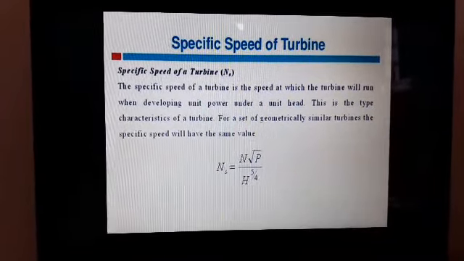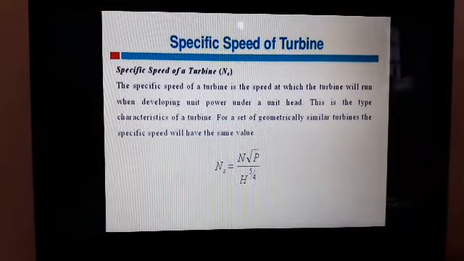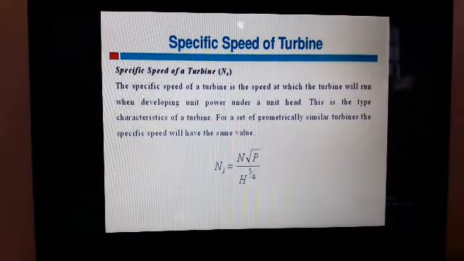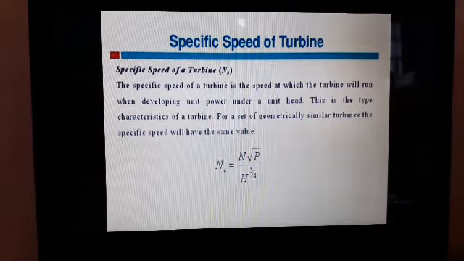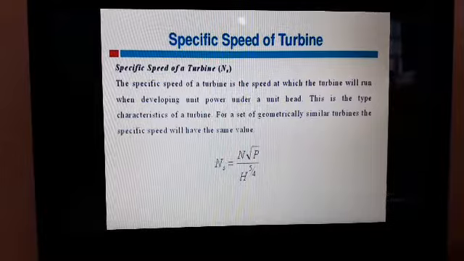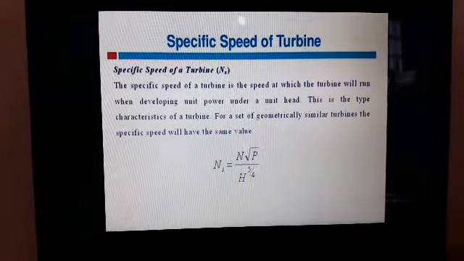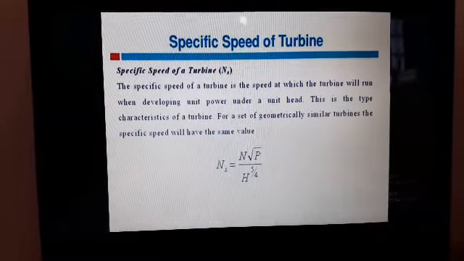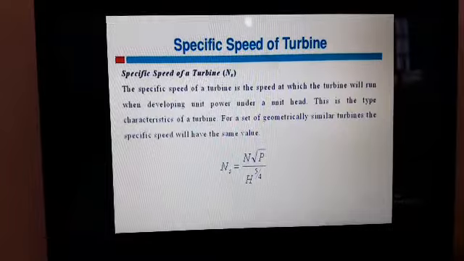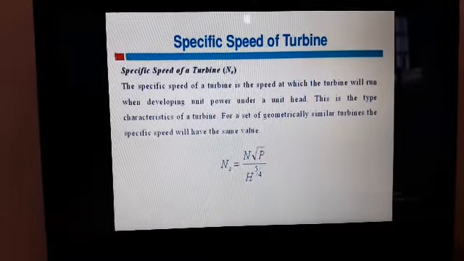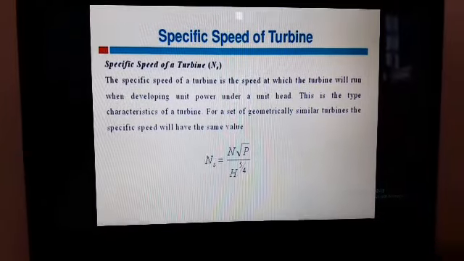This is the most important characteristic of the turbine. We calculate the specific speed with the given formula, where Ns is the specific speed of the turbine, N is the speed of the turbine, P is the power of the turbine, and H is the head of the turbine. So specific speed can be calculated as Ns equals N root P upon H raised to the power 5 by 4.